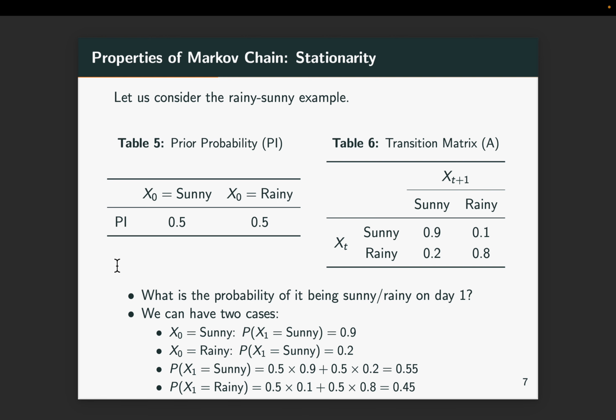Okay, does anyone have an answer? 0.58 and 0.42, okay.